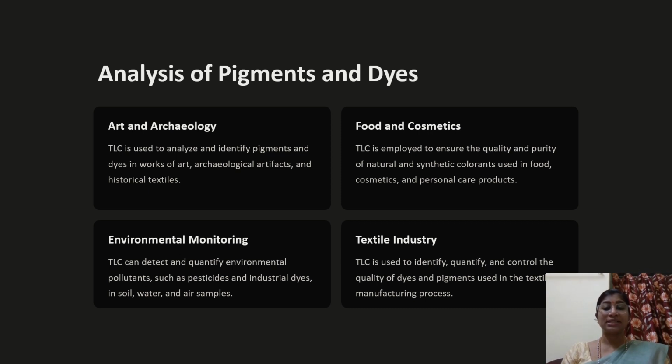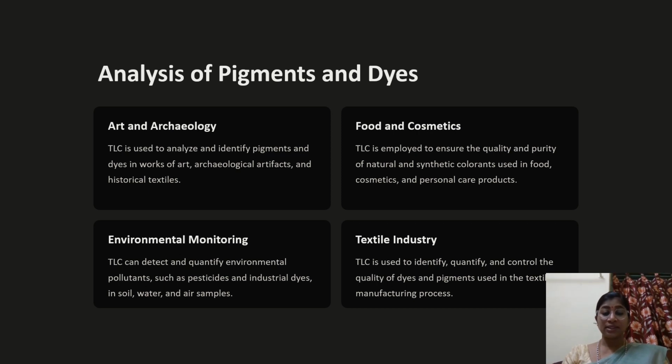Analysis of pigments and dyes. Art and archaeology: TLC is used to analyze and identify pigments and dyes in works of art, archaeological artifacts, and historical textiles. TLC is employed to ensure the quality and purity of natural and synthetic colorants used in food, cosmetics, and personal care products.